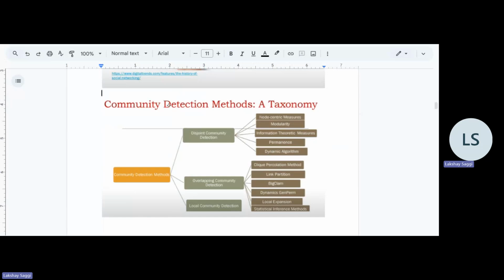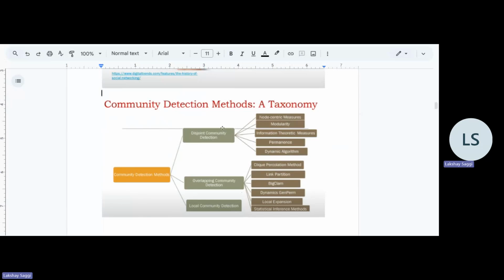So there are various methods for community detection. Most of these I believe will be discussed in upcoming lectures in the next week, and a couple of them we'll be discussing today also.